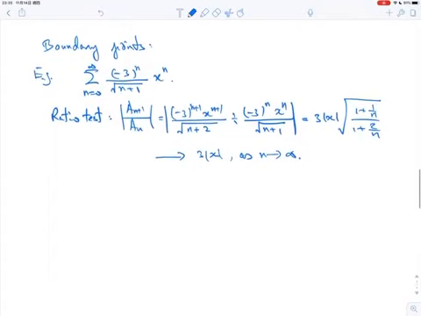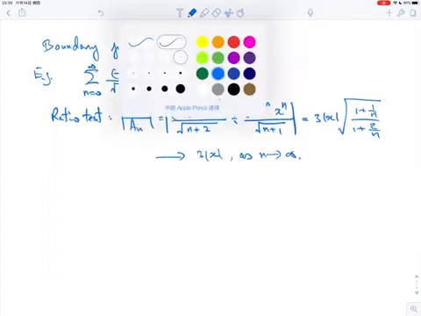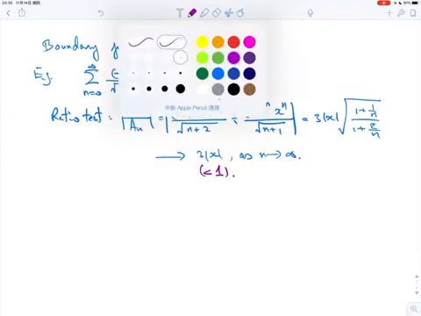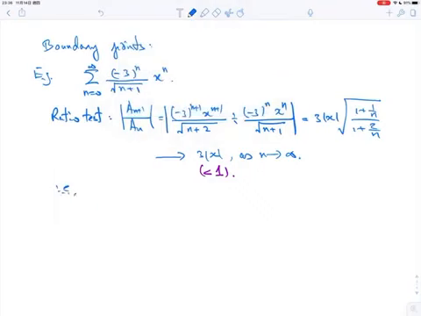Now you see that for the limit to be less than 1, we require x to be between minus a third and a third.